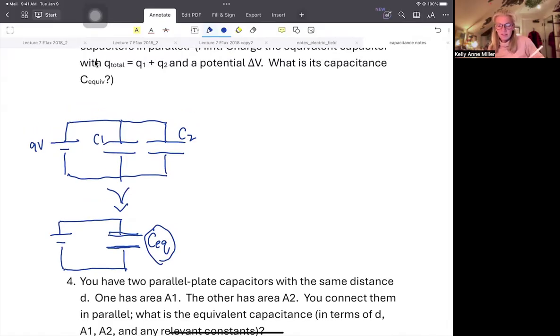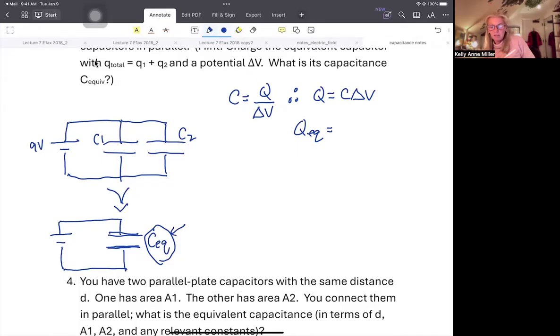So let's start out with one of our definitions of capacitance, which is just the charge divided by the potential difference between the two plates. Okay, so I can rearrange that and say that Q equals the capacitance times the potential difference. And the equivalent charge on this equivalent capacitor would just be the sum of the charge from each of these two plates.